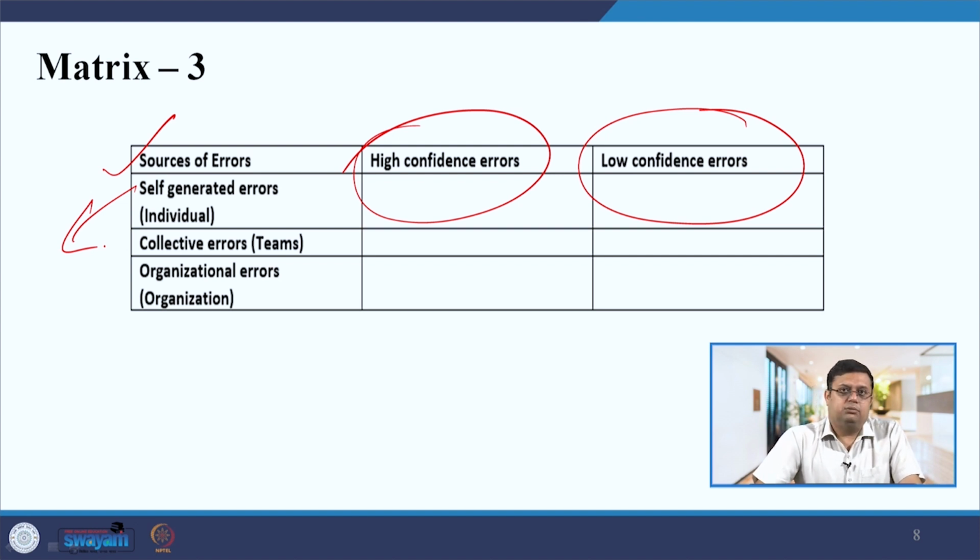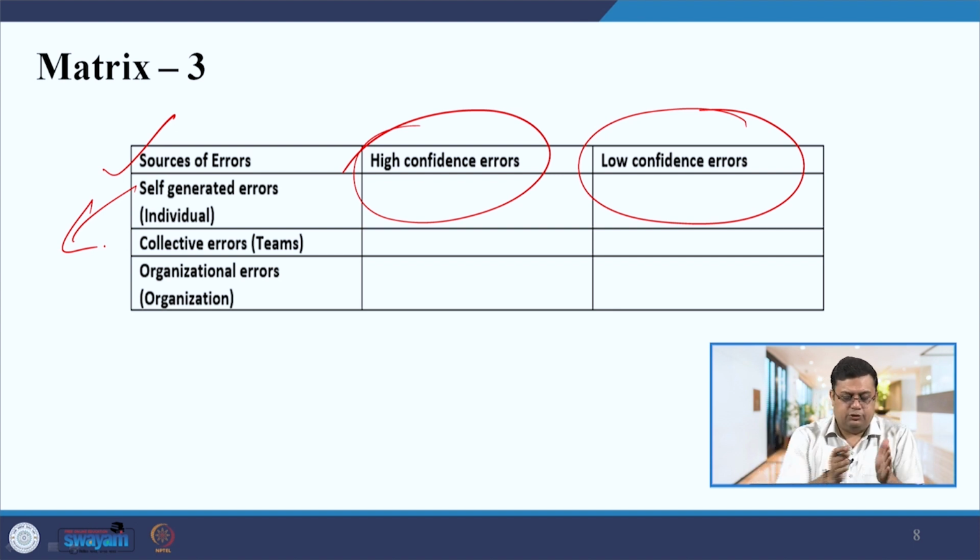It may be possible because lack of alignment is there between individual and team goals. There is a possibility that individual goals are achieved, but team goals are not achieved. So you need to understand where the problem lies, and based on that you can divide these errors into three categories: individual errors, collective errors and organizational errors.